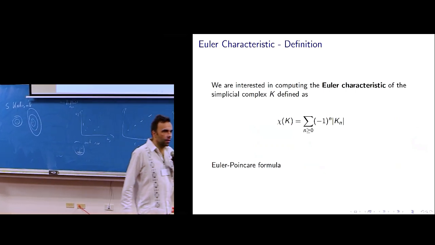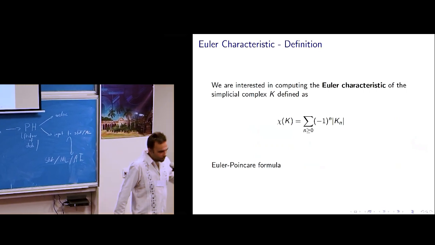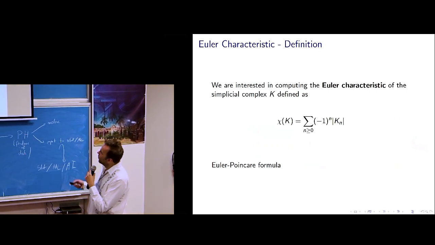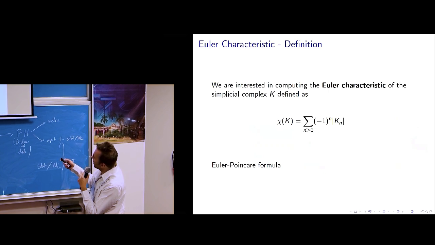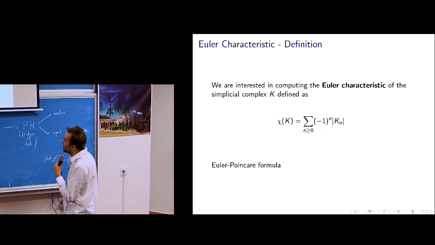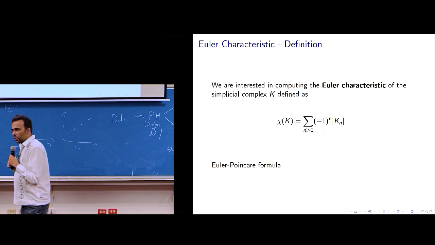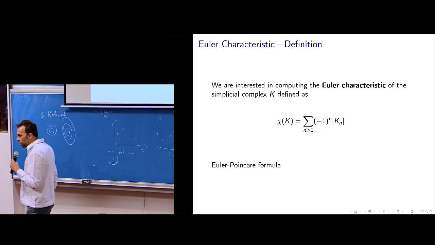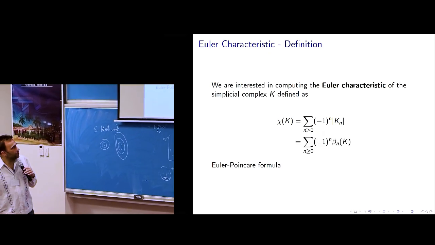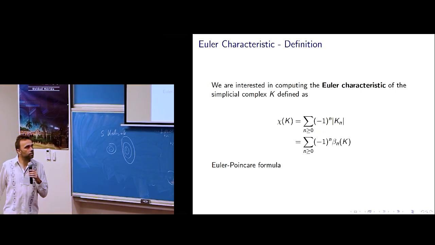If we have a general simplicial or CW complex, we can count the number of k-dimensional cells, multiplied by -1 to the power of the dimension, and sum over all dimensions. That's the Euler characteristic. The Euler-Poincaré formula relates it to Betti numbers, so we get an alternating sum of the Betti numbers.